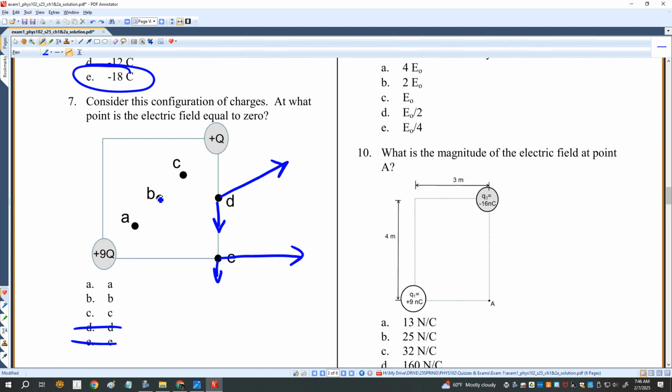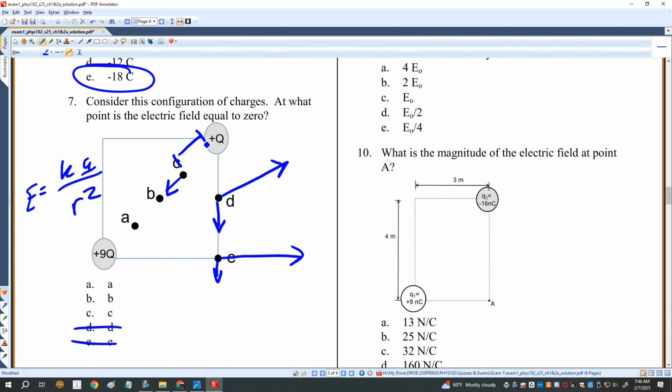For B, I have an electric field due to the plus Q in that direction and due to the 9Q. The distance from here to here is equal to the distance to there. So that's going to be an electric field that is 9 times that charge, so that cannot be 0. So it looks like the answer has to be C. The electric field due to the plus Q is in that direction. Remember, electric field is kq over r squared.